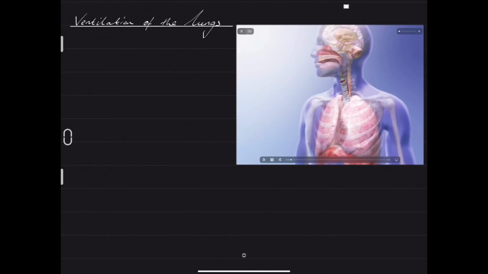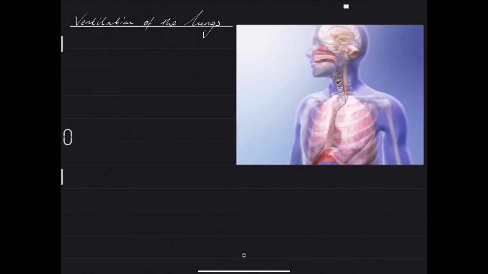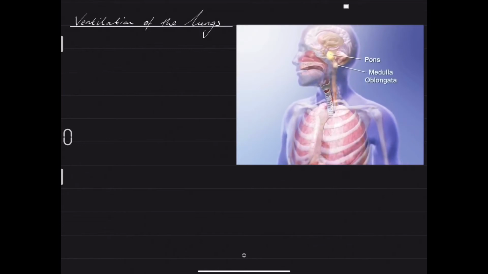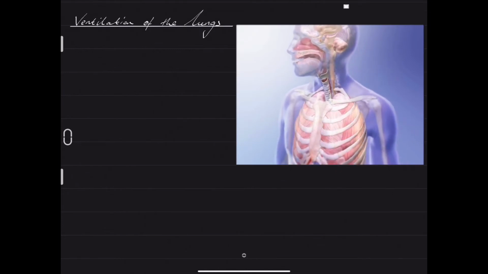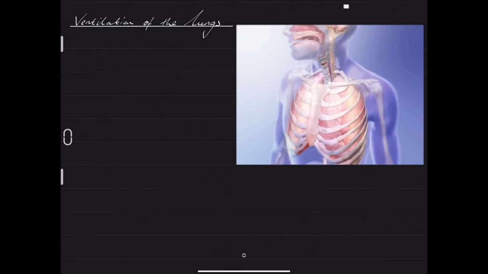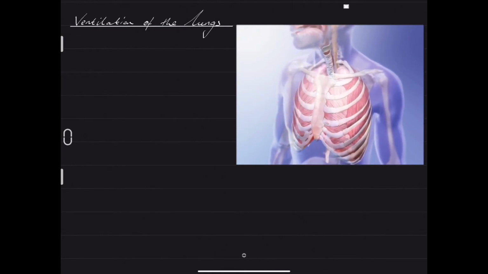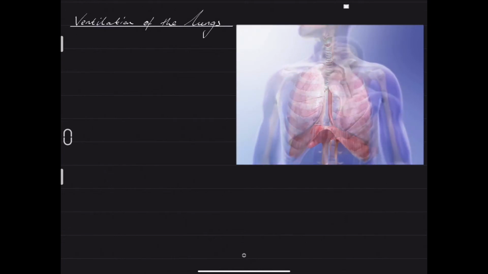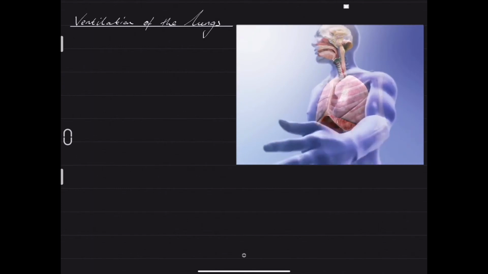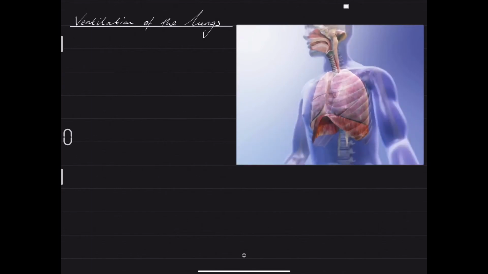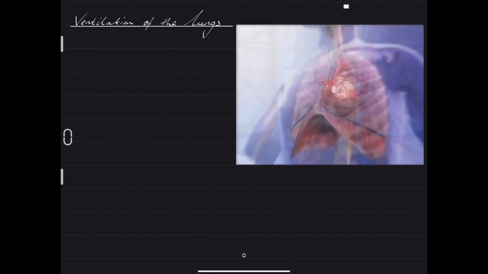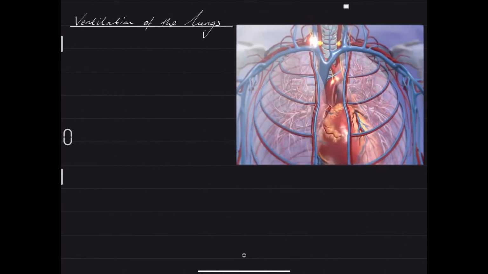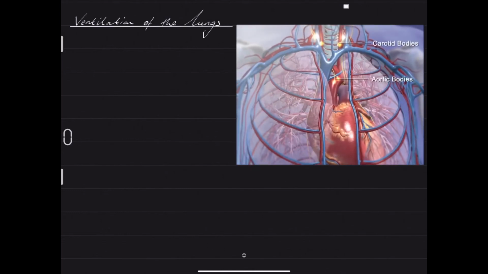Now, ventilation is brought about in the lungs by the relaxation or the contraction of special muscles known as intercostal muscles. And intercostal muscles are found between the ribs and the diaphragm. These relaxations and contractions of the diaphragm, in coordination with the intercostal muscles, cause a change in pressure inside the chest cavity.